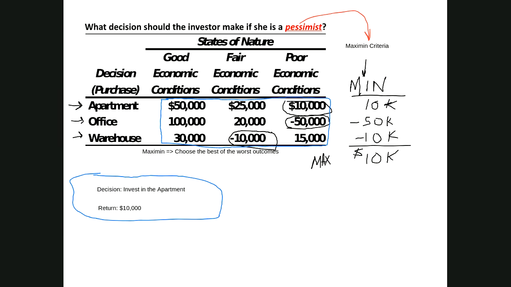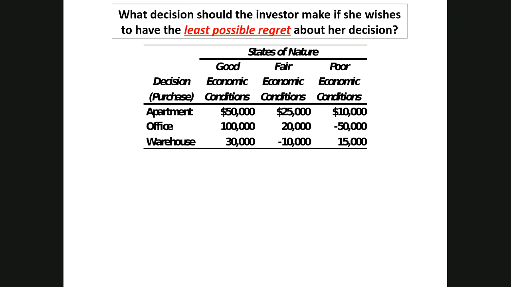Then for the third decision criteria, the decision maker wants to avoid or have the least possible regret about her decision. And in this situation, rather than looking with respect to each decision option, we're going to consider this problem with respect to each one of the future states of nature, in this case, good, fair, and poor economies.